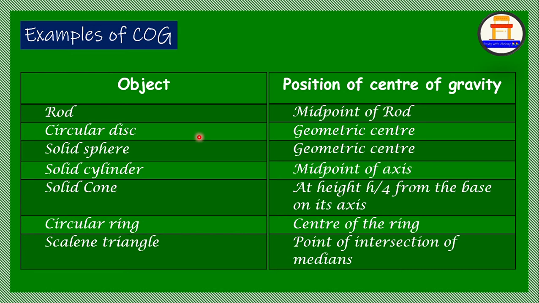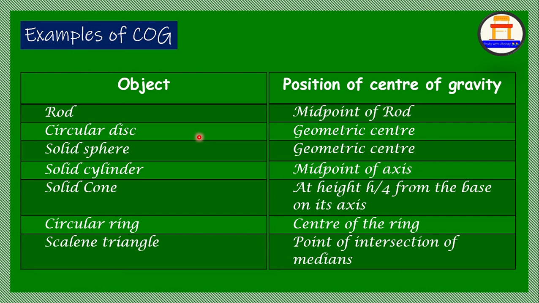Solid cylinder is a special type, where it is the midpoint of the axis. Basically, we measure height and radius in a cylinder. When you measure the height, exactly half of the height is the middle point, and that point is where the center of gravity of a cylinder is said to act.